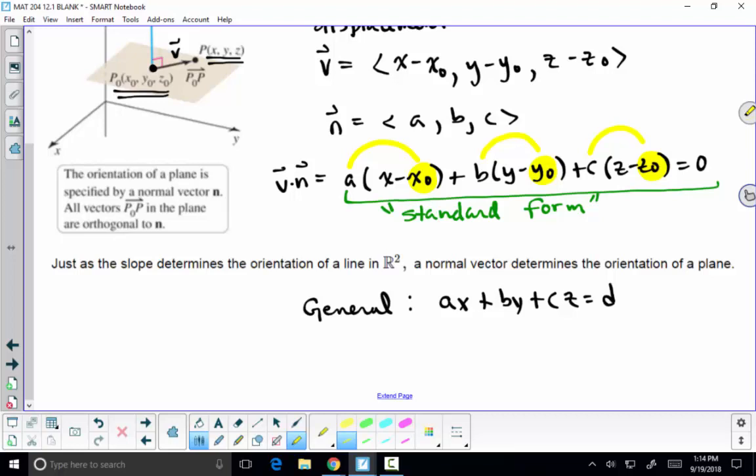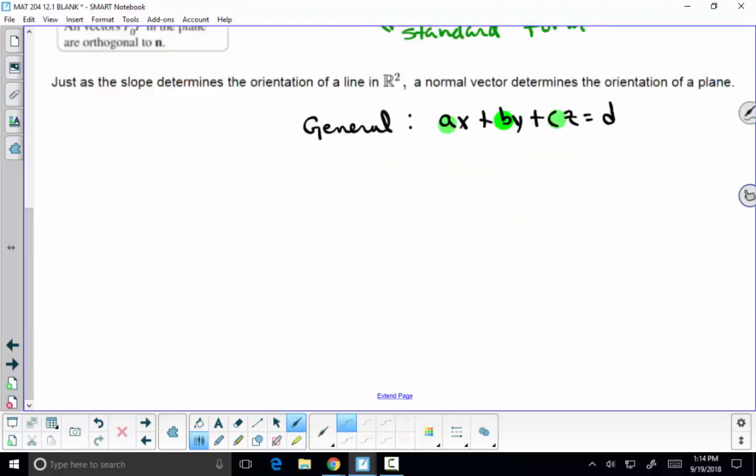All those constants combine into d. But notice that a, b, c, a, b, c. So you have never had a clue about the meaning of the coefficients of x, y, and z in the past. For example, you knew from college algebra that this is a plane.